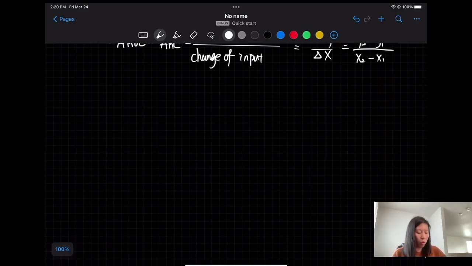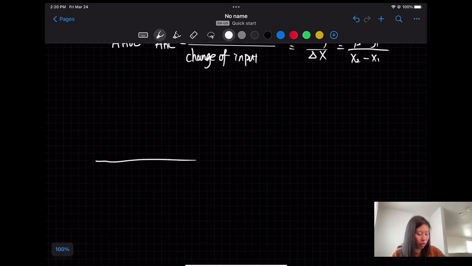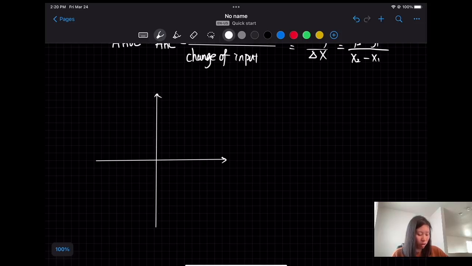Okay, so what does that mean? If I give you a graph, you will get it. So this is a linear function. If I give you any two inputs, like in 1 unit, okay?